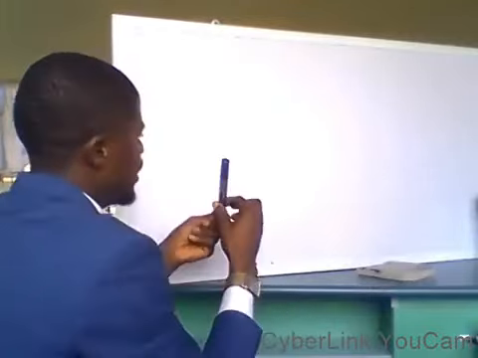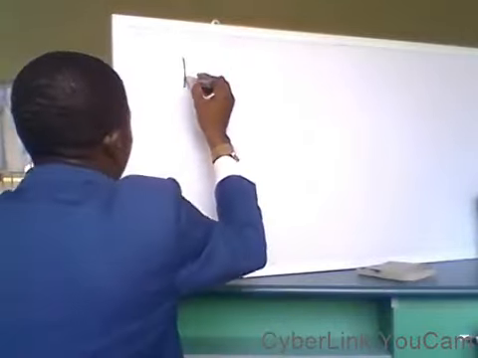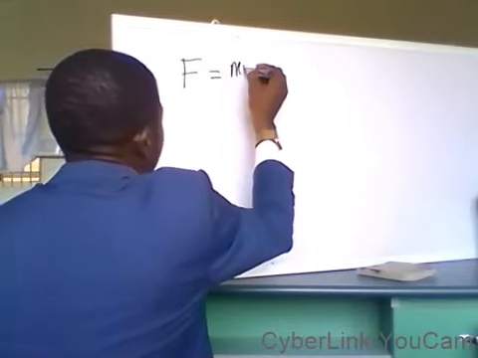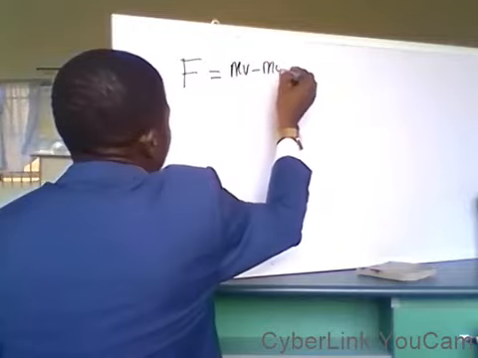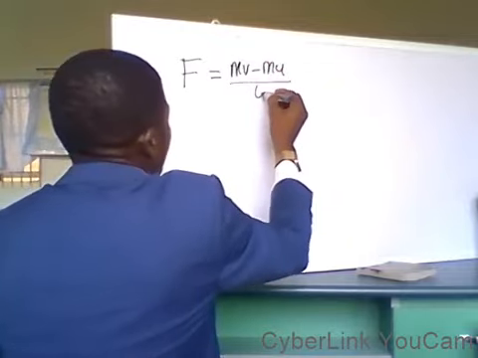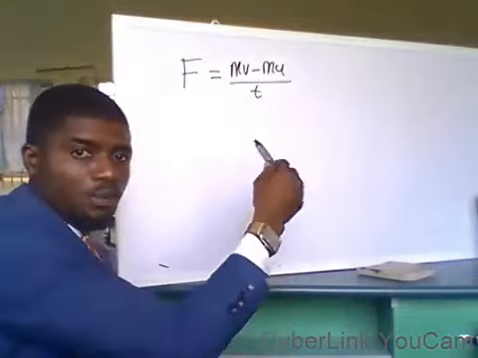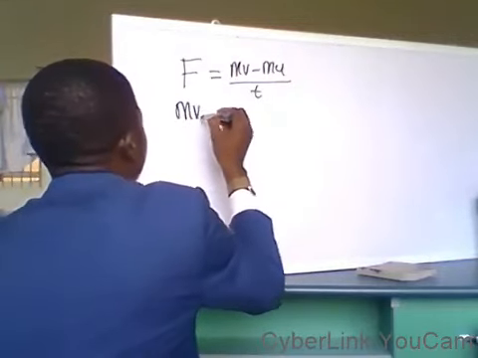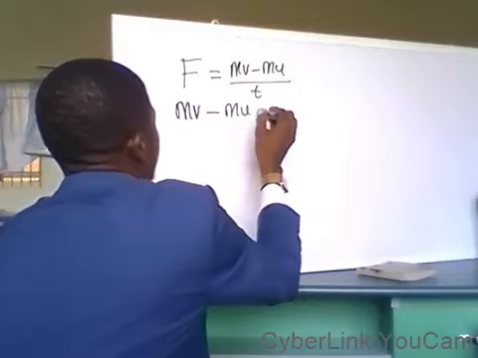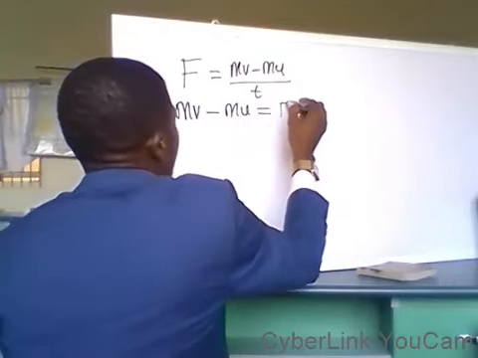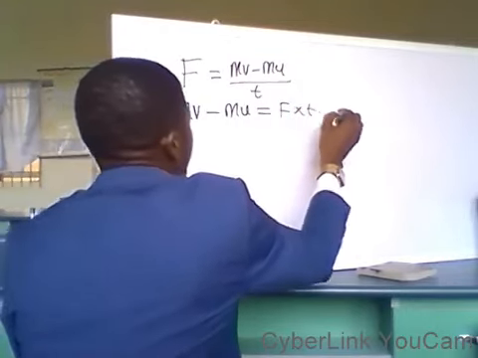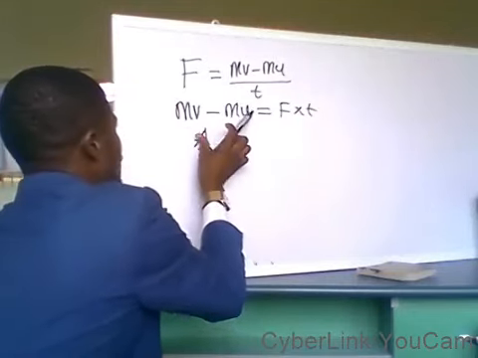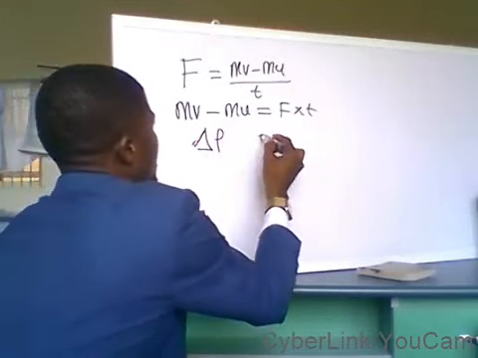We are saying that force is equal to mv minus mu all over t. If you cross multiply, this is what you have: mv minus mu is equal to force times t. And so this is change in momentum, and this is what?